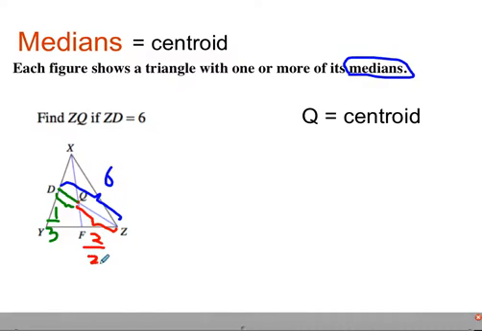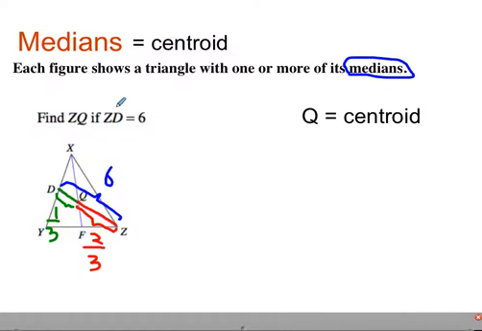Just by looking at this, you can say this bigger part is 2/3 of the whole length, and this smaller part is 1/3 of the whole length.